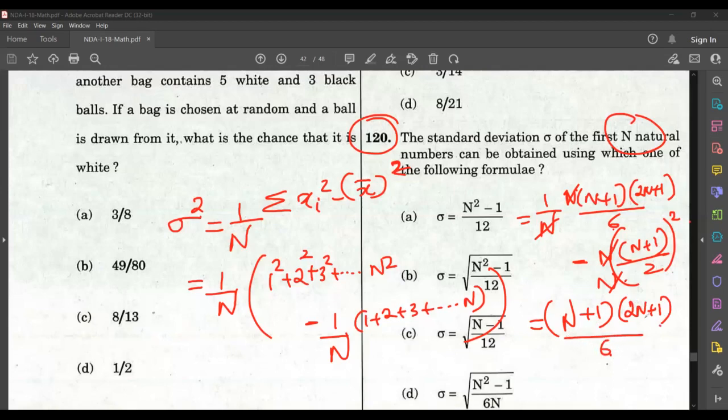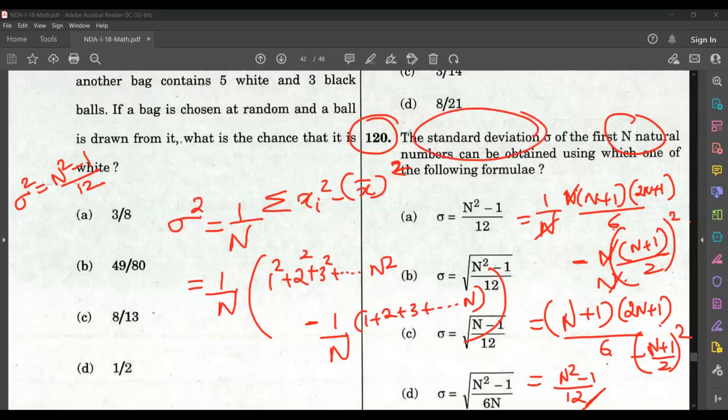So cross multiply this, and here we have n plus 1 by 2 the whole square. So on solving, you will get it as n square minus 1 by 12. So you will get sigma square as n square minus 1 by 12.